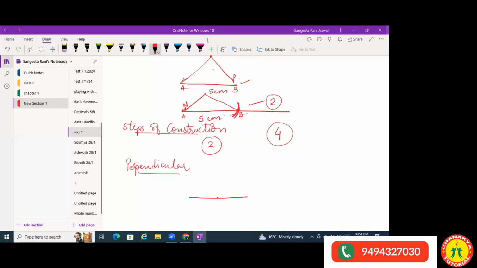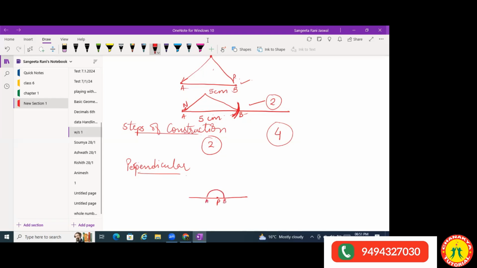Now see, for perpendicular, you make a line first, any random line for whatever length. Make one line and mark 1 point on it, of your choice. I'm calling this point P. Now with this point, keep your compass here and open very little. With the pencil, make an arc like this. Can you do that? Yes, ma'am.